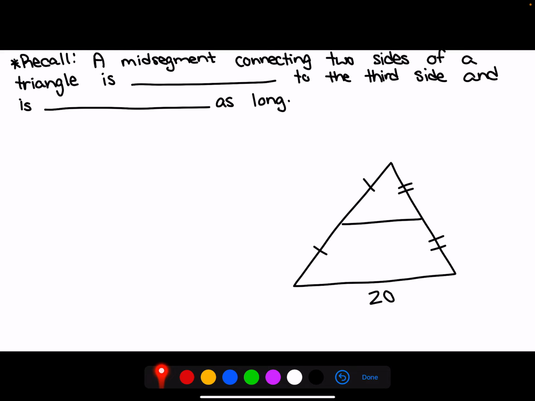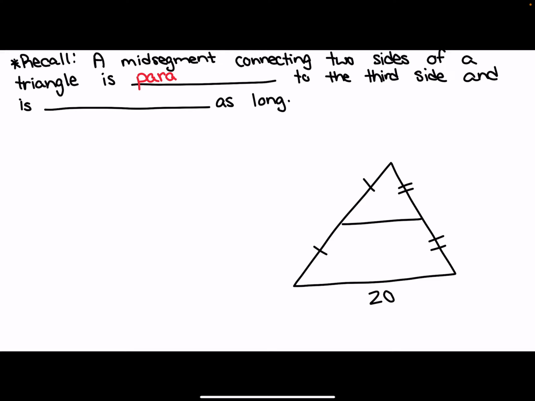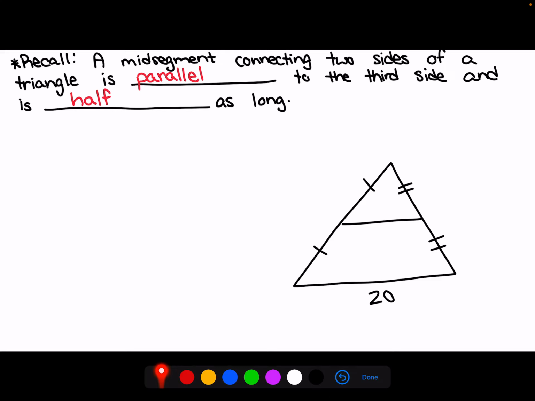So first off, recall, a midsegment is a segment connecting two sides of a triangle, is parallel to the third side, and half as long. So if I see that we have a midsegment, and a midsegment is intersecting at the midpoints, I can tell that it's intersecting at the midpoints because one side is congruent to the other. So this is in the middle, as is this other point.